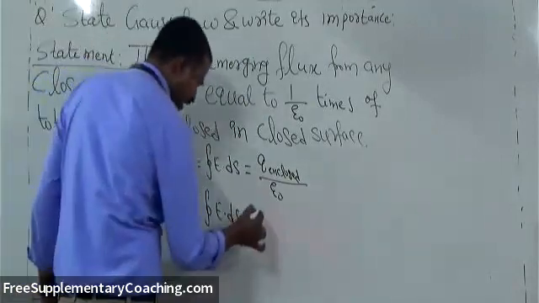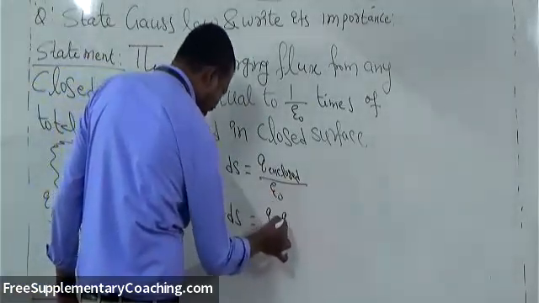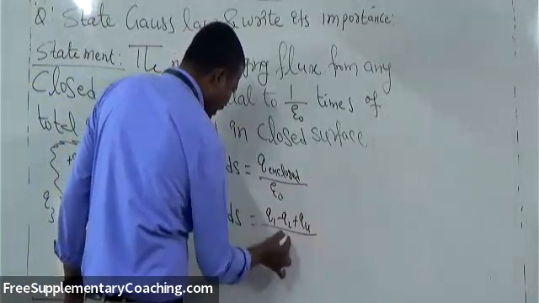So as per this statement, I can write here Q1 minus Q2 plus Q4 by epsilon naught.